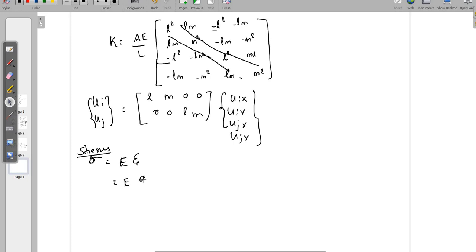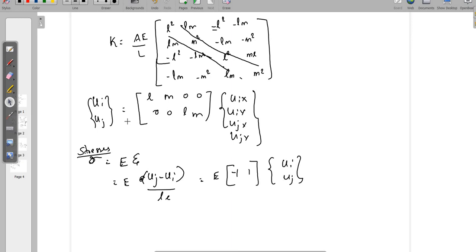The strain can be defined as uj minus ui by L. The coefficient for ui is minus 1 and the coefficient for uj is plus 1. If you multiply it with this component ui and uj, this equation should come. Minus 1 into ui is minus ui, plus 1 into uj is uj. So you will get uj minus ui.